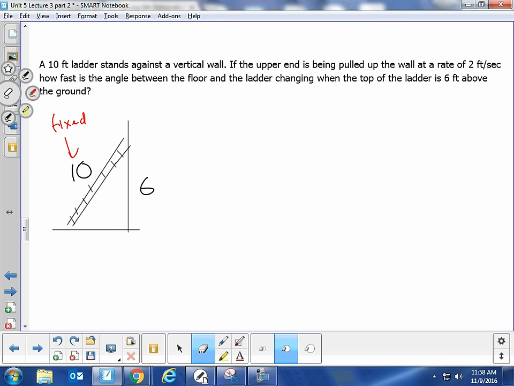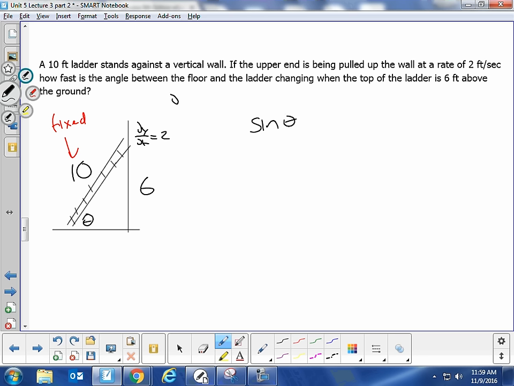We were told the upper end is being pulled up, so dy/dt is 2. The question is, how fast is the angle between the floor and the ladder, that'd be this angle here, changing when the top of the ladder is 6 feet above the ground? So again, I see that I have an opposite length, I have dy/dt, and I have a hypotenuse. I'm going to use sine again. I'm trying to find d theta/dt.